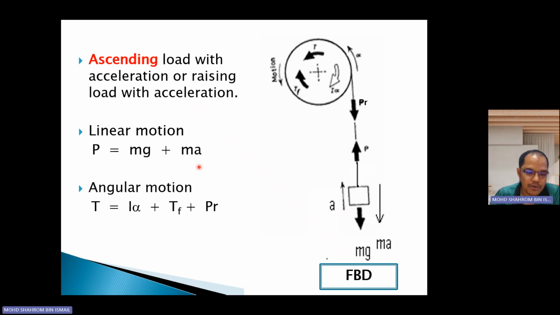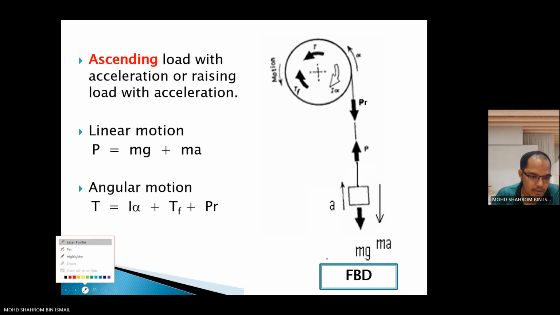And as we know, in order to solve the problem, we need to solve it by two cases, where we solve the linear motion first and then we go by the angular motion. Yeah, this one we go by linear motion and then we go by angular motion.